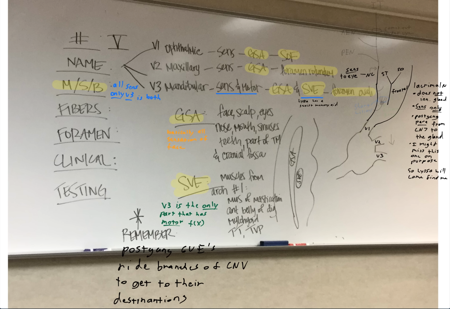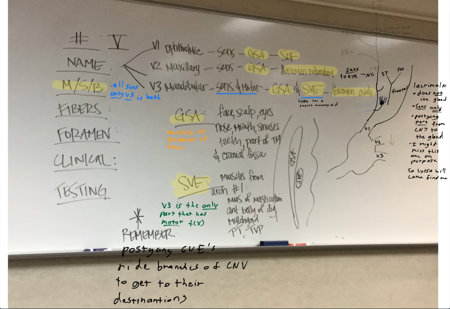All right. The nasociliary connects to the ciliary ganglia. From the ciliary ganglia, you have the short ciliary nerves, which are doing sensation to the back of the eyeball. What else are they doing? They are carrying your postganglionic parasympathetics from cranial nerve 3 that are innervating the ciliary muscle and the constrictor pupillae.